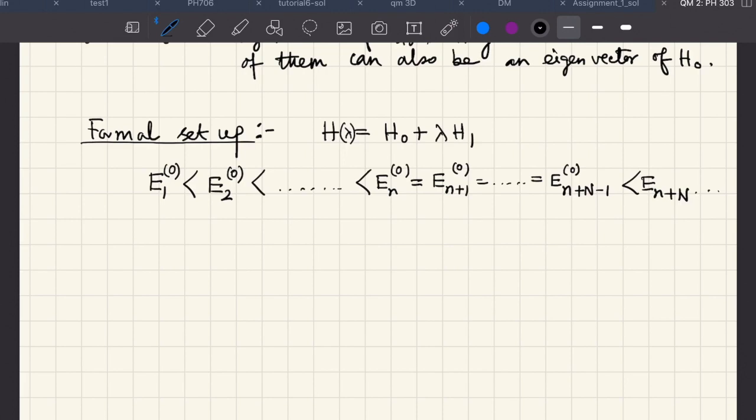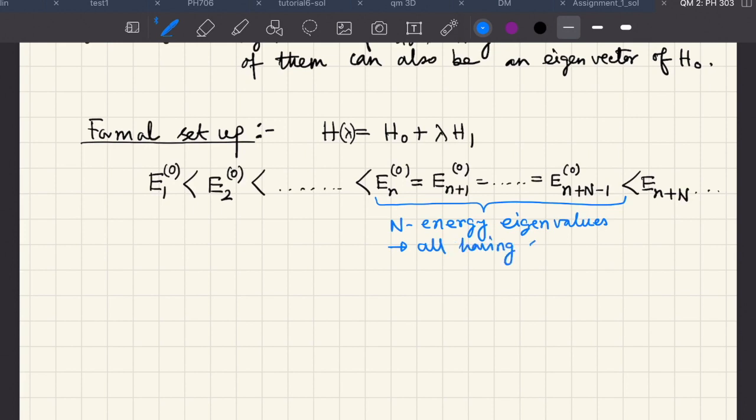So what does this mean? This means that we have capital N degenerate states, or capital N states which have the same energy, and there are capital N energy eigenvalues all having the same value, which we denote by E_n^0.